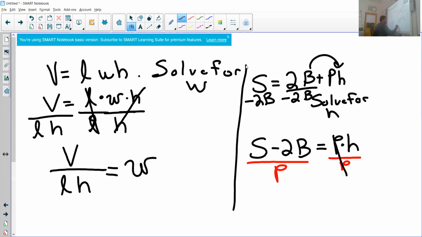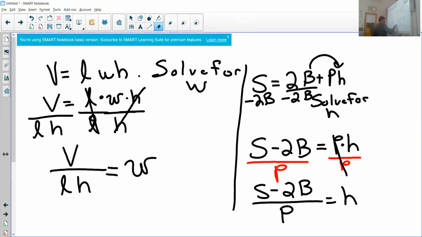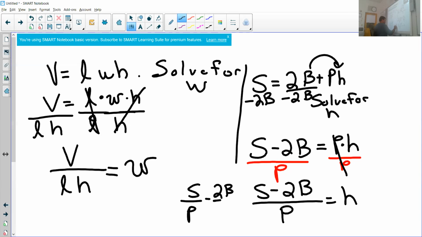So my final answer is S minus 2B all over P equals H. You are not incorrect if you wrote it the other way. That's technically also a correct answer. It just doesn't look as nice. I will say that. But you will get full credit if you wrote it like that, by the way. Good.